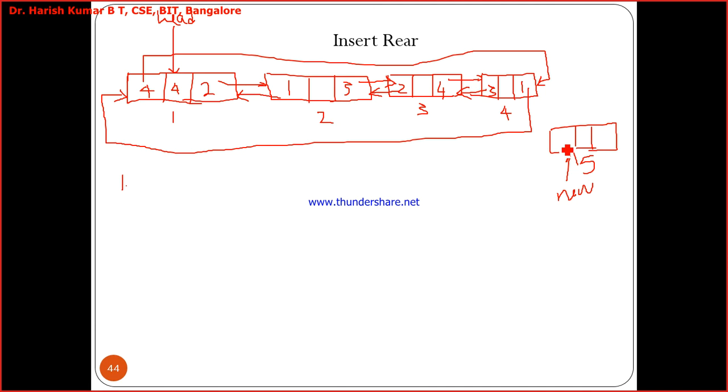Good. Because head arrow L link is the address of this last node. New arrow L link is equal to head arrow L link.